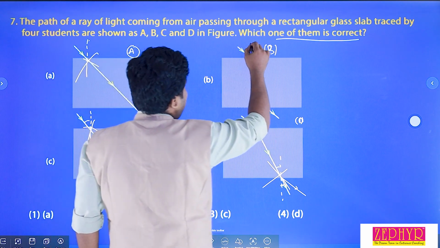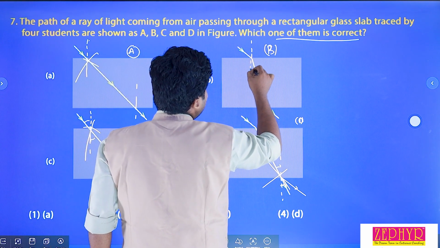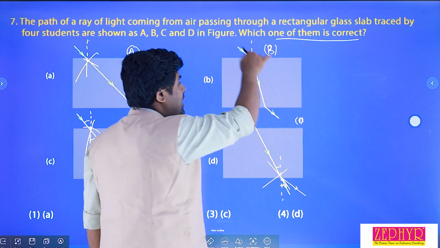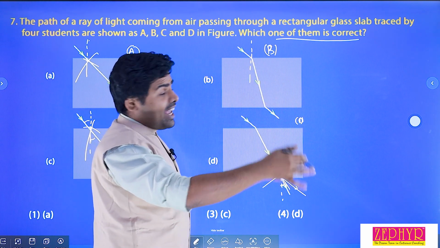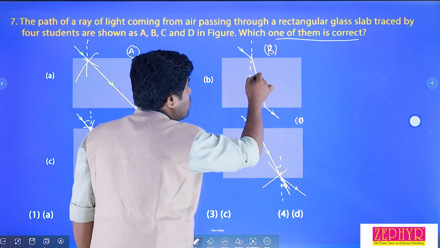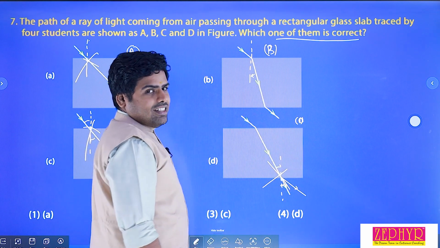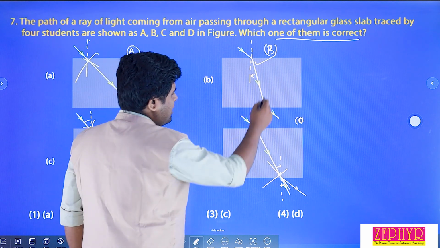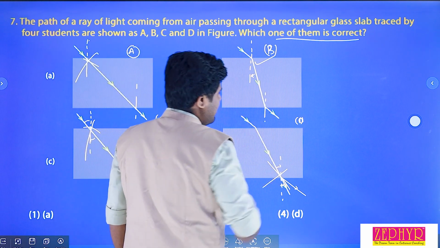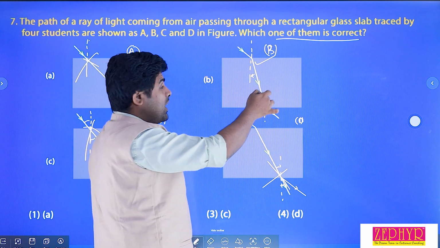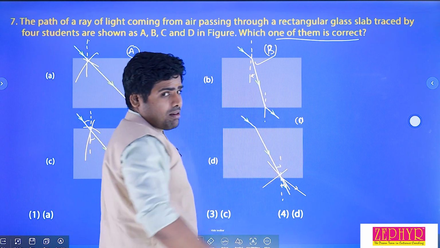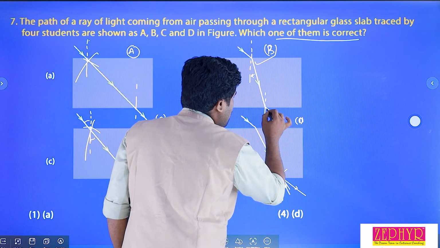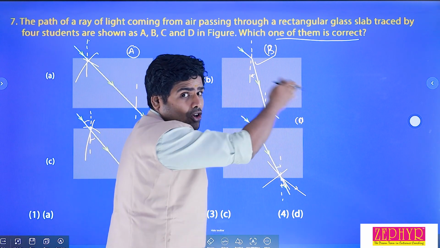See here, I place the normal here. Now the light ray is coming from the rarer medium to the denser medium, therefore after refraction the light ray moves towards the normal. Yes, here it is correct. And at the second interface, now the light ray is moving from the denser medium to the rarer medium. Am I right? Yes. So now it is moving away from the normal.